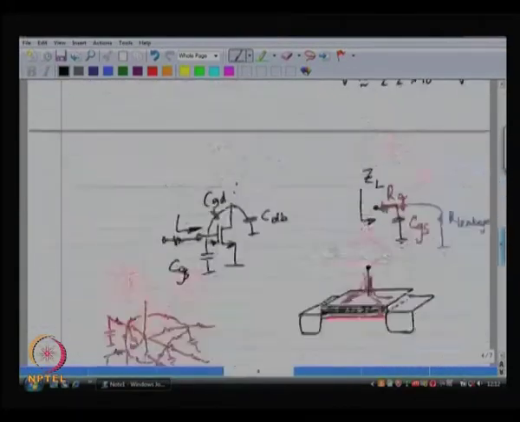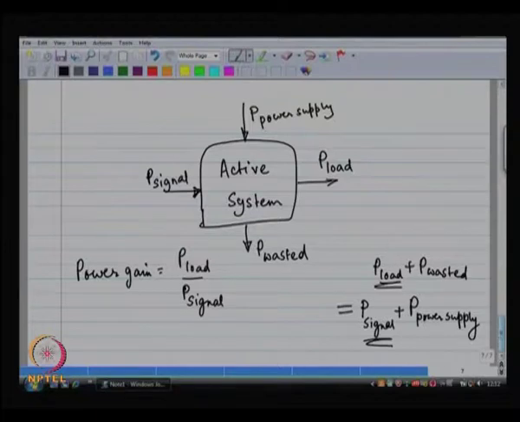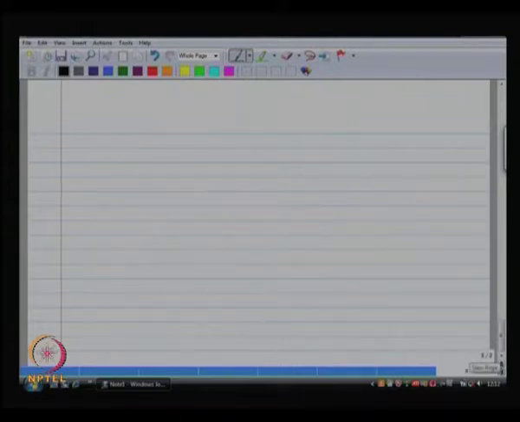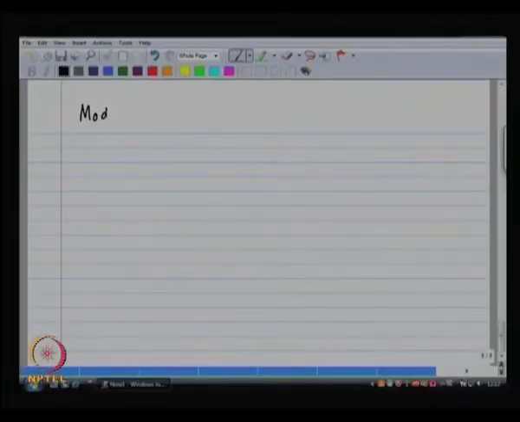All right. So, with these basic concepts, we are going to close the first module, the introduction module, and we are now going to start the next module of this course, which is RLC networks.